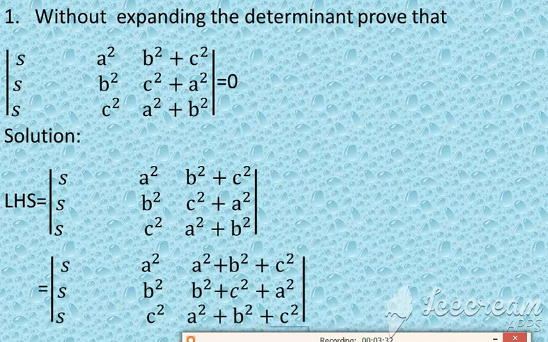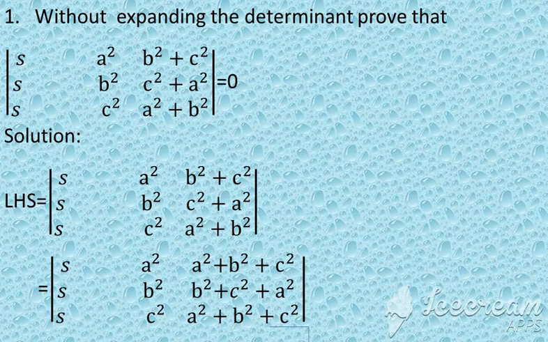Now I am going to take the third column and add: C1, C2 plus C3. Column 2 and column 3 I am going to add here. C3 tends to what? C2 plus C3.